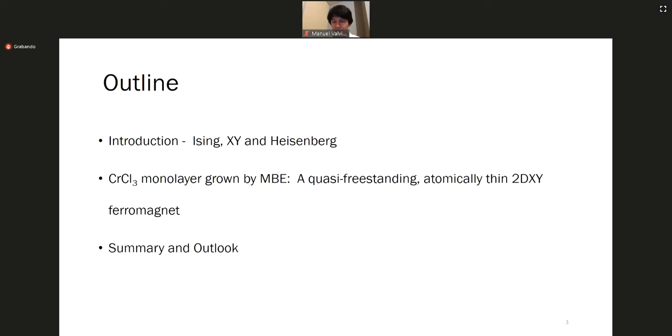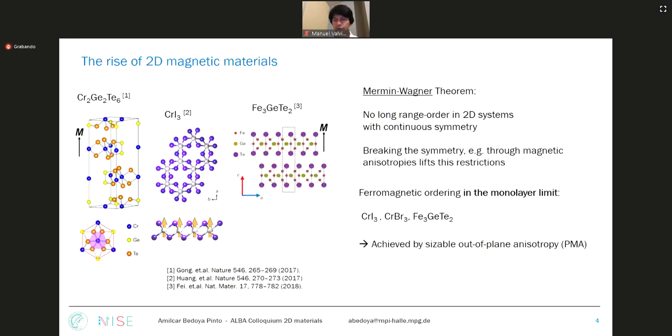And I will then focus on a monolayer grown by molecular beam epitaxy, and the approaches that we use also to measure the properties without exposing the sample to air, which is also very important. And then I will wrap up with a summary and outlook of further experiments that can be done starting from these results.